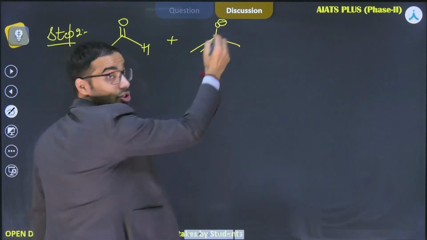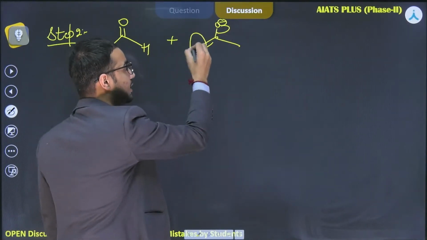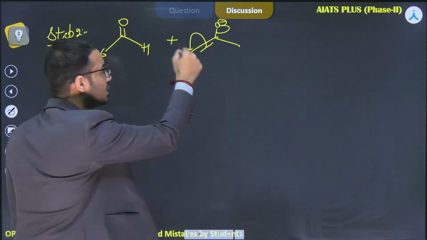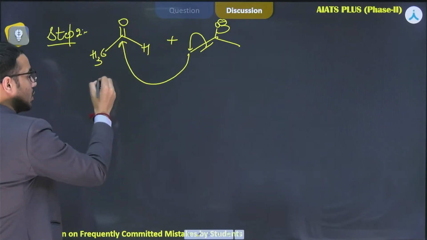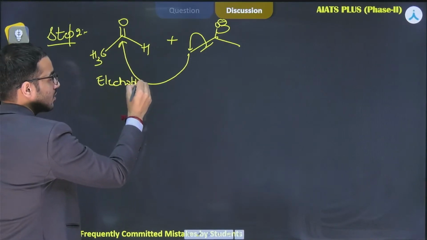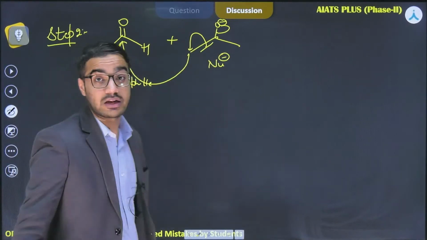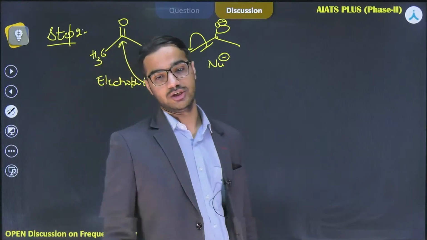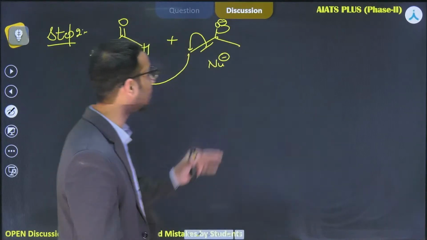This negative charge will delocalize itself and create more electron density at this carbon, and now this carbon will attack at this position. This is the electrophile, and this is the nucleophile. We can clearly say that this reaction is a nucleophilic addition reaction. So what will be the case?